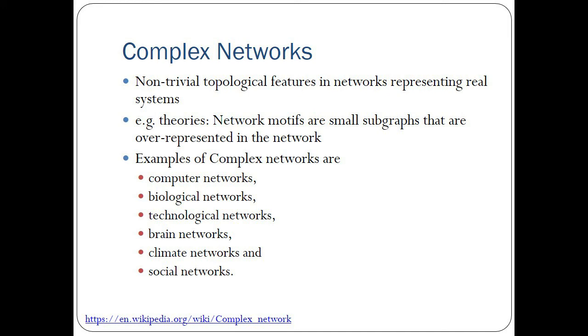Then what are examples of complex networks that are very difficult to study with fundamental graph theory or network theory? These are biological networks, technological networks, brain networks, climate networks, and social networks. Basically, what does this mean? It means these types of domains have some specialized domain. The specialized domain needs to represent these networks in a specialized way, and a specialized person is needed to study those domains, like computer networks.